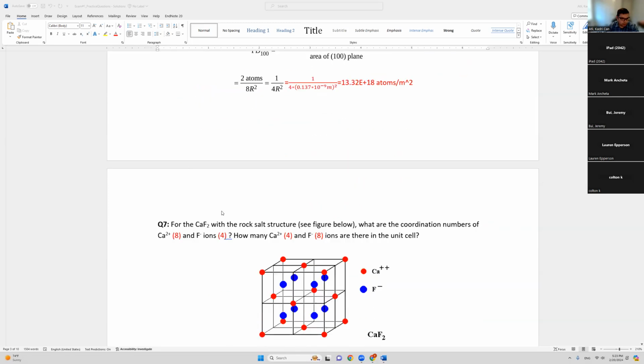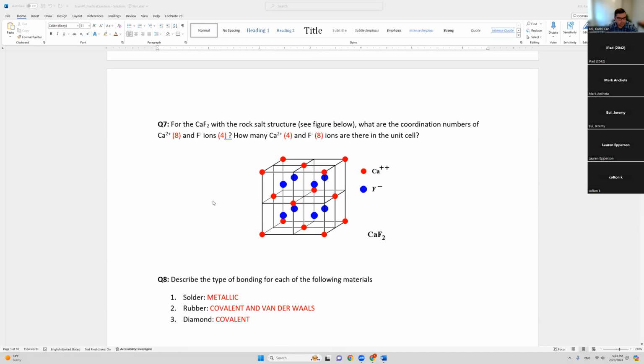All right, let's move on. For the calcium fluoride with the rock salt structure, there is incorrect information here. Can someone tell me what is wrong with this statement? You can write in the chat.